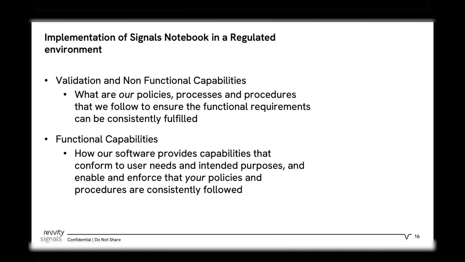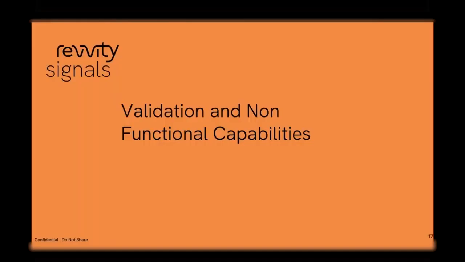And then we're going to talk about some of the functional capabilities that we have that allow you to be confident that your scientists are following your policies, your processes and procedures consistently. So the first is process on our side, and the second is function that we deliver that allows you to follow your processes. It's the combination of these two that really allows you to operate well in a validated environment.